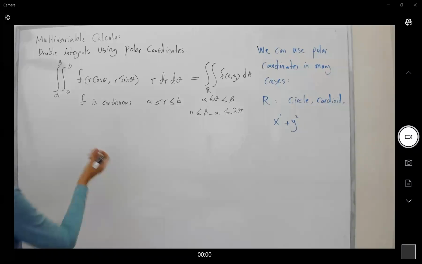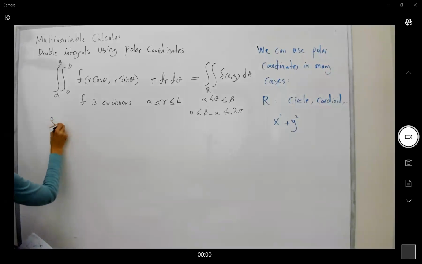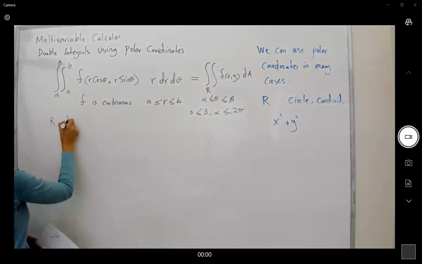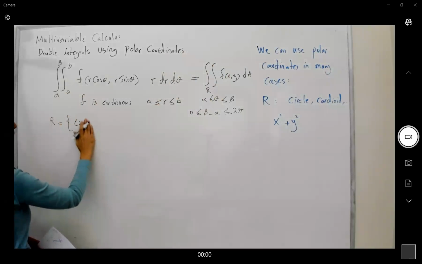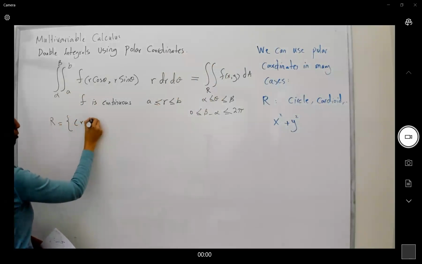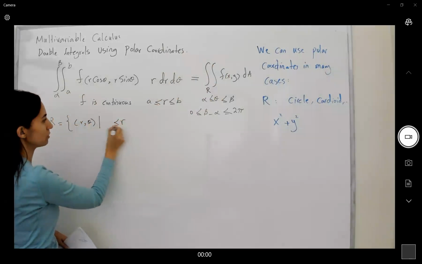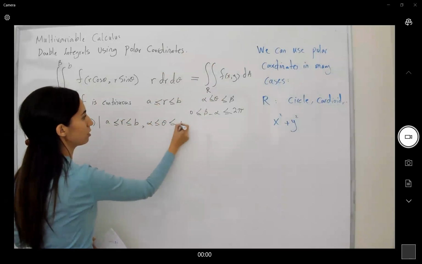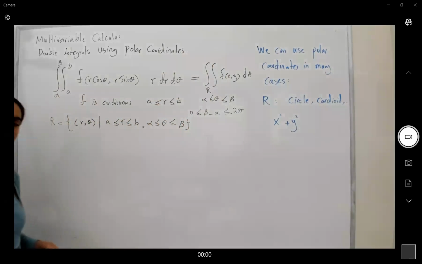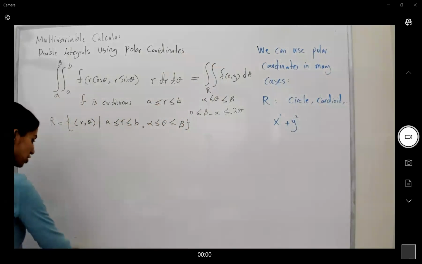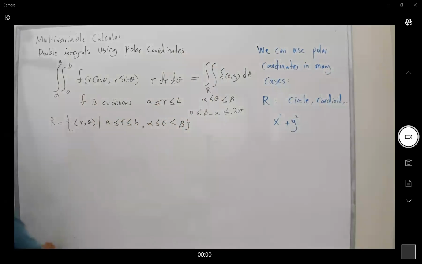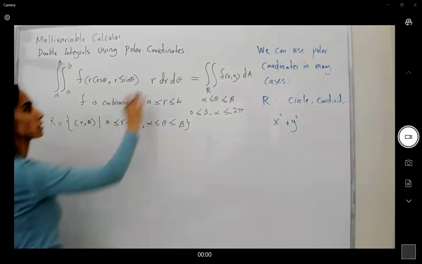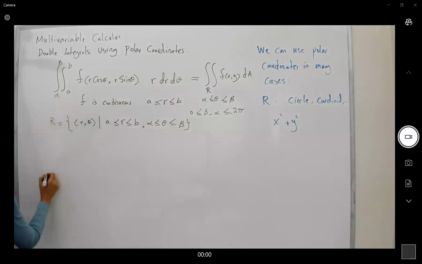So suppose you have your region R, which was in rectangular coordinates, and you write this as a set of points r and theta in polar form, such that r is in between a and b, and theta is in between alpha and beta. Let's try to imagine what's going on here and go over some details, like where we got r d theta from.